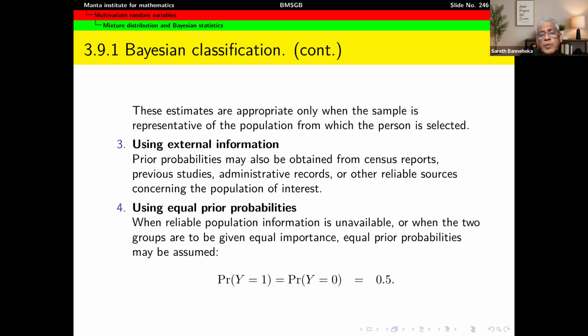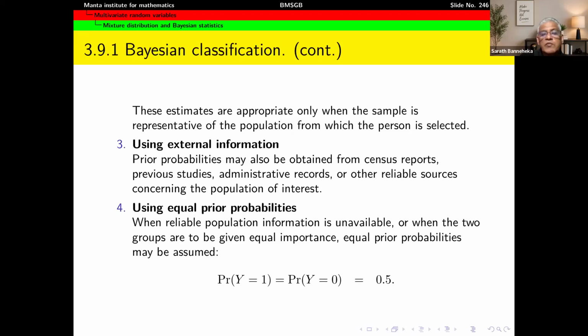And then using external information is also sometimes possible. Prior probabilities may also be obtained from census reports that I mentioned already. That is what you mean by known values, previous studies, administrative records, or other reliable sources concerning the population of interest.